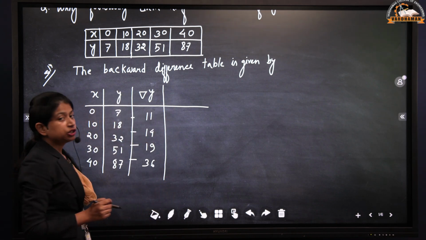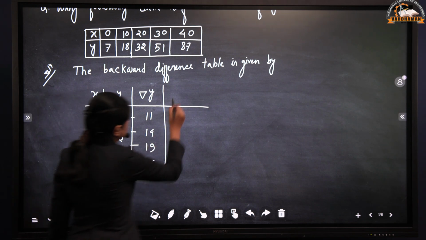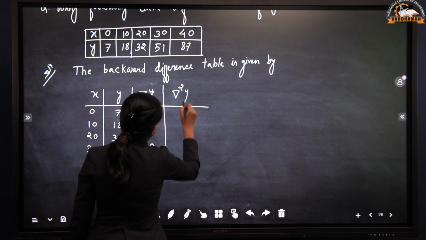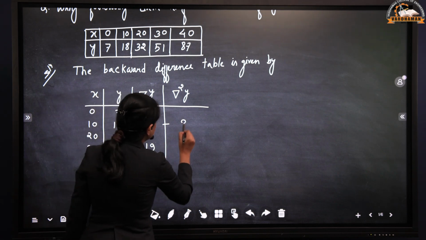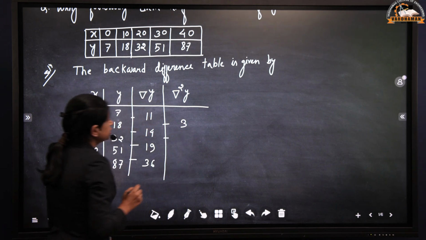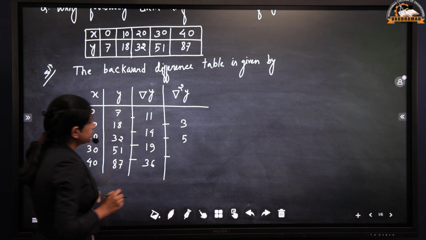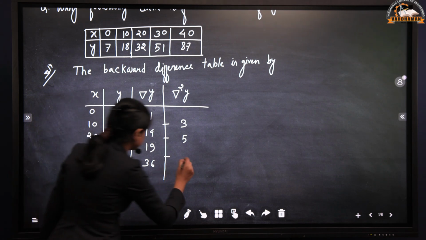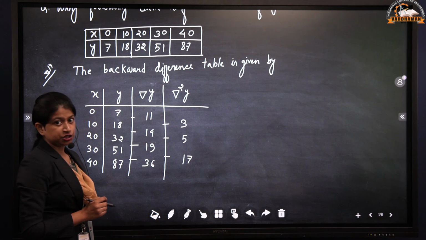Next, we need to find the second backward difference. 14 minus 11 is 3. 19 minus 14 is 5. And 36 minus 19 is 17.